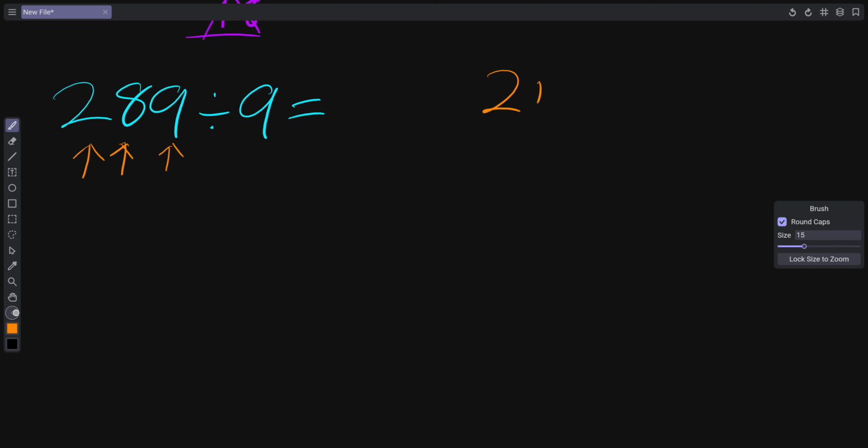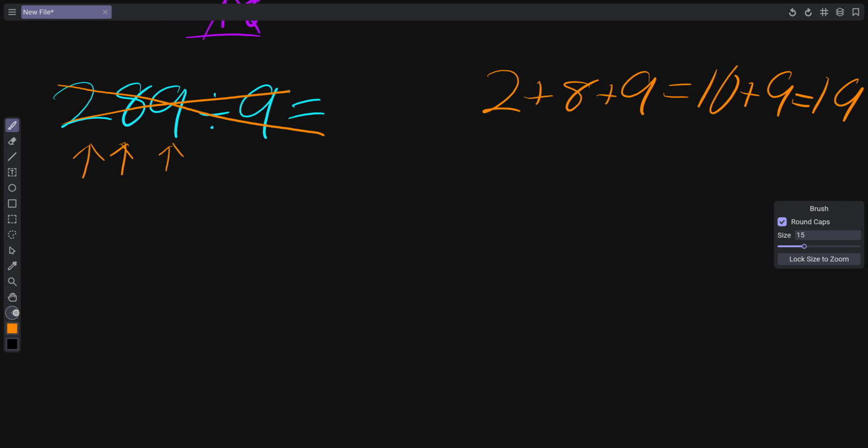So if we do 2 plus 8 plus 9, this creates 10 plus 9, which creates 19. And 9 cannot go evenly into 19. So we know that 289 is not evenly divisible by 9 because it has failed the test.